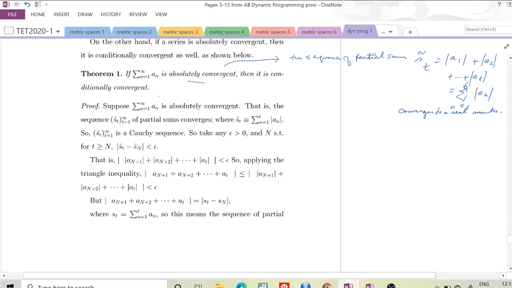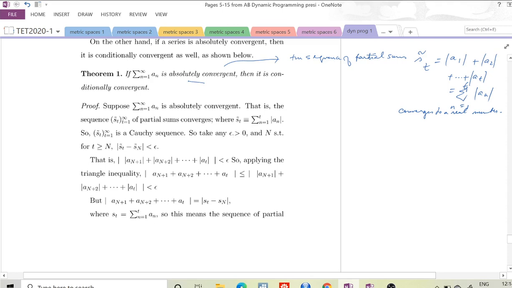So here's the proof. Suppose this sequence is absolutely convergent. That is, the sequence of partial sums converges to a real number. Then we know that the sequence of partial sums is a Cauchy sequence. So because it's a Cauchy sequence, we can do the following.